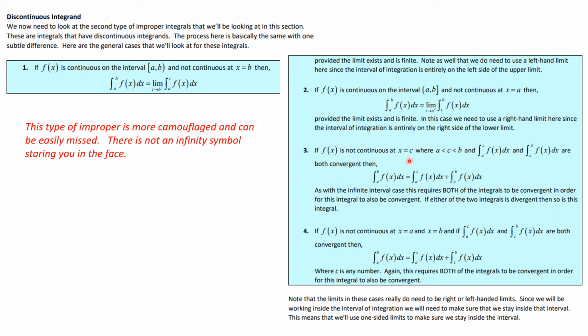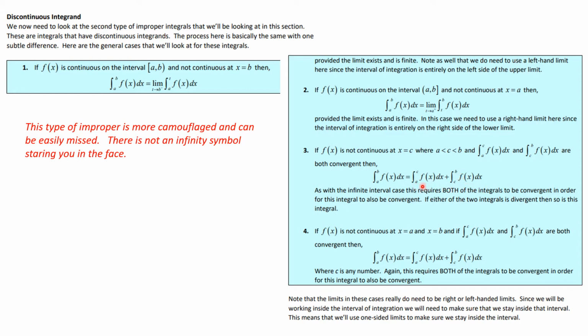If f(x) is not continuous at x equals c, and c is in between, and the integral from a to c of f(x) dx and the integral from c to b of f(x) dx are both convergent, then the integral from a to b is equal to the integral from a to c of f(x) dx plus the integral from c to b of f(x) dx.